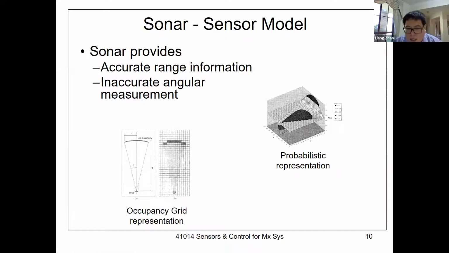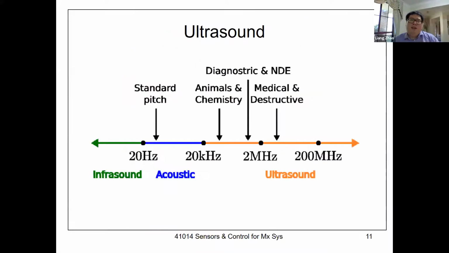So if you are simulating sonar data, then you need to provide a relatively small error on the distance, but a relatively larger error on the angles. All right, so that's the model of the error of the sonar data.